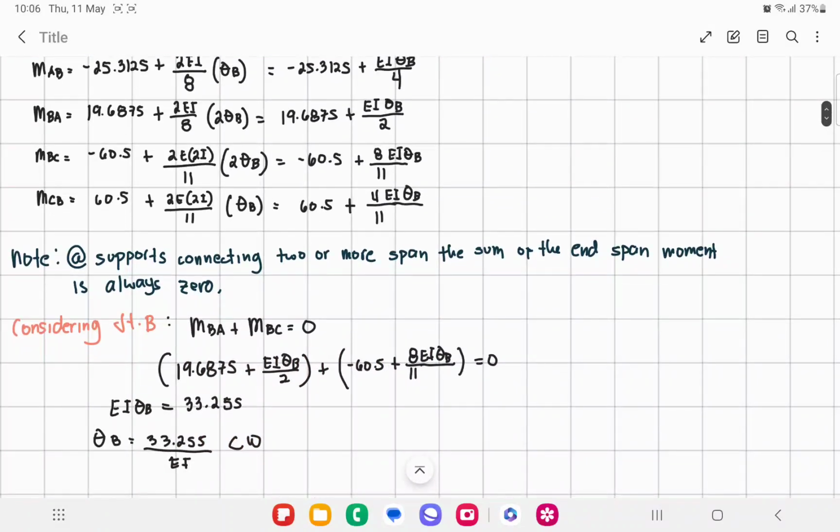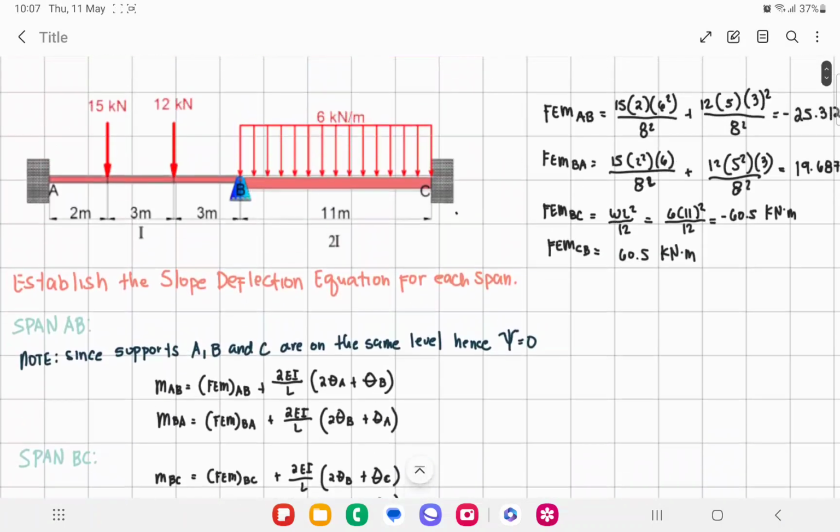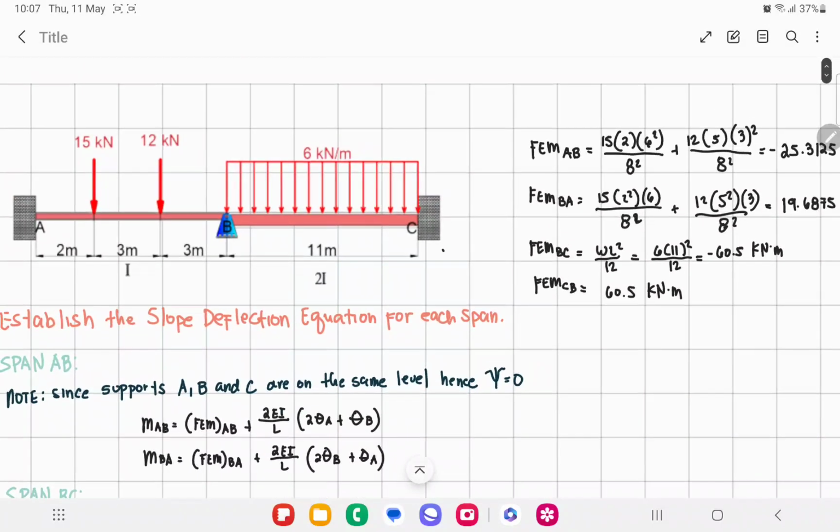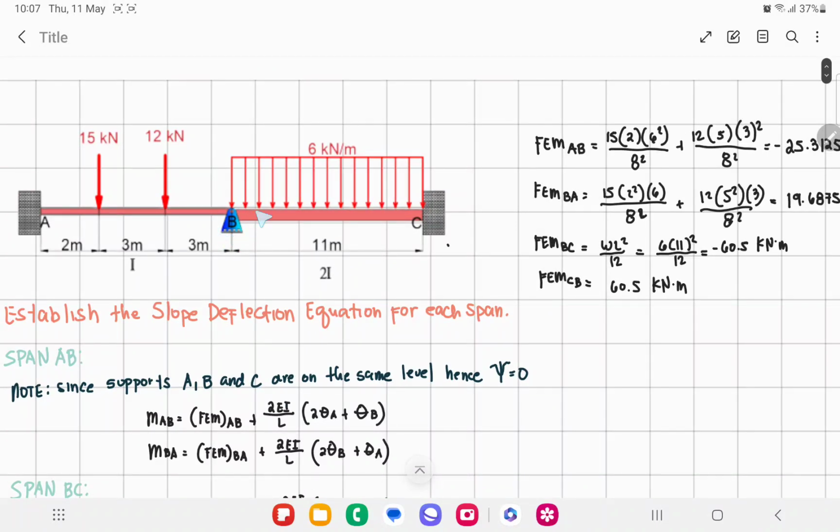And then again, you can see in the note, at supports connecting two or more spans, the sum of the end span moments is always 0. What that means is, if we have a simply supported middle span, the moment here and the moment here are just the same value.